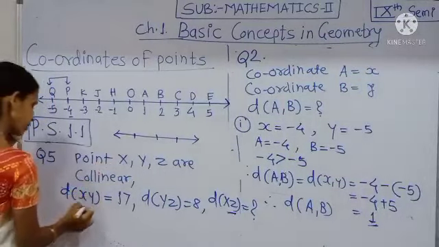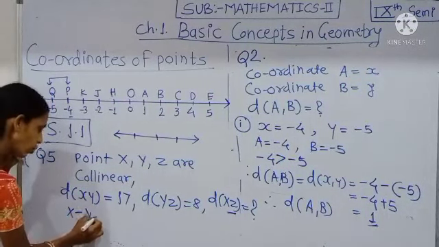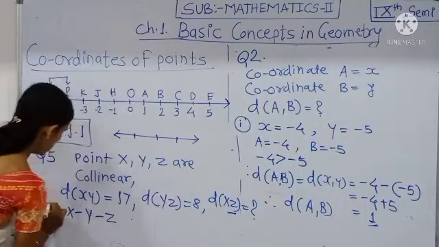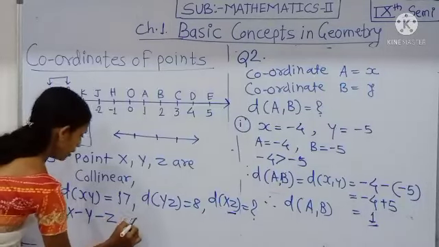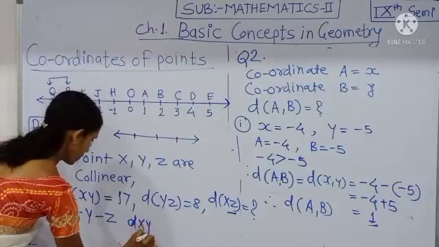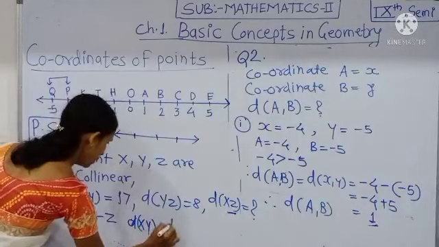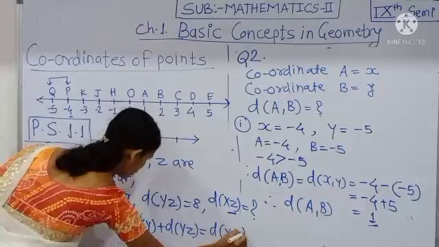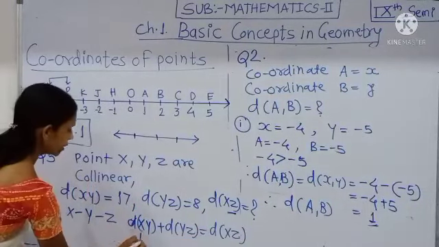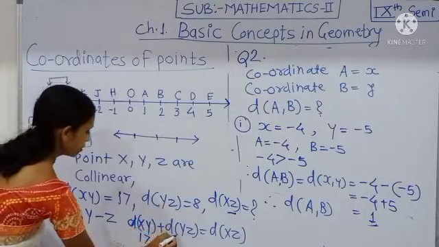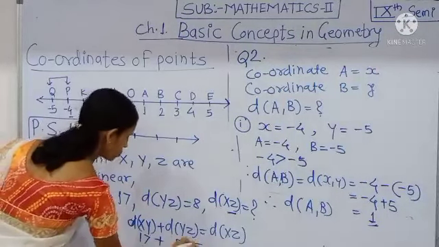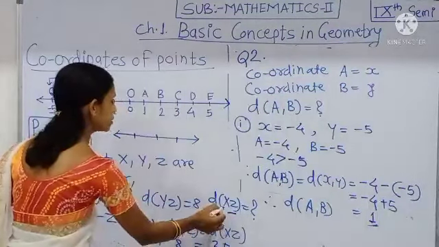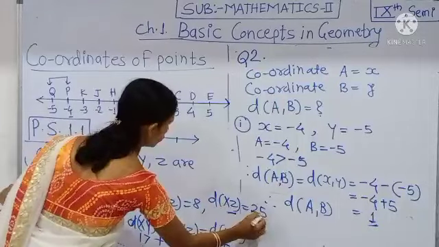If here X-Y-Z is the order, then dxy plus dyz is equal to dxz, and here XY is given 17 plus YZ is 8 is equal to 25. Therefore distance XZ is 25.